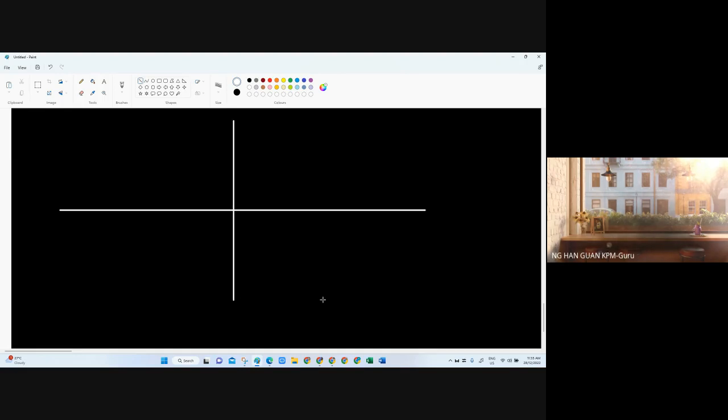Usually for drawing the formation of images, either with a mirror or with a lens, we will ask the students to use graph paper, because graph paper makes it easier to control the distance.